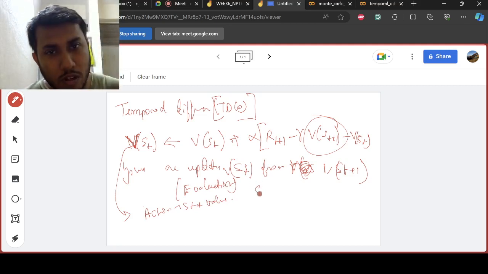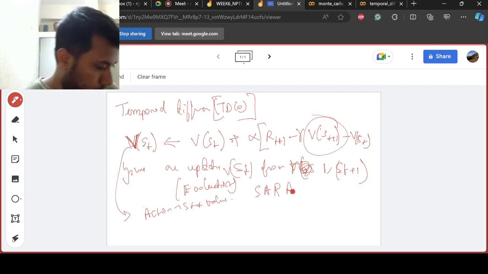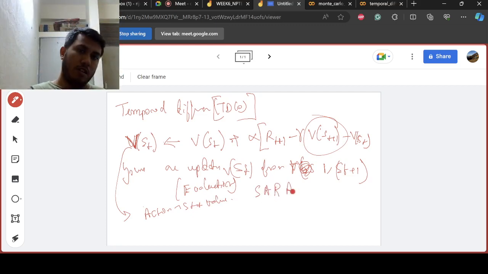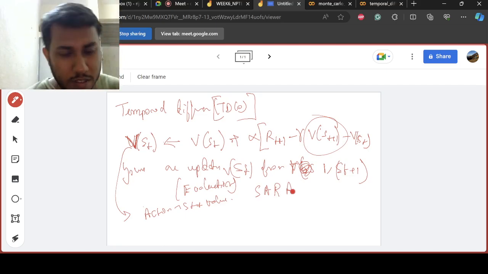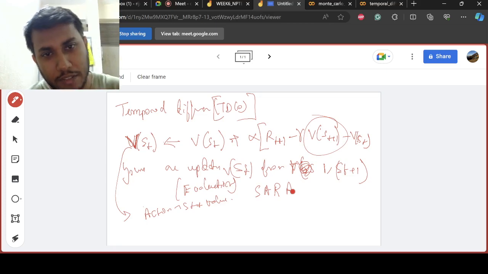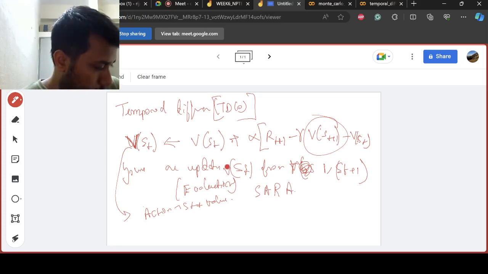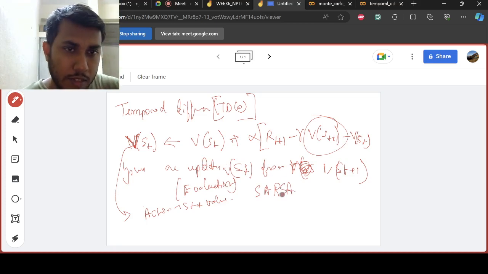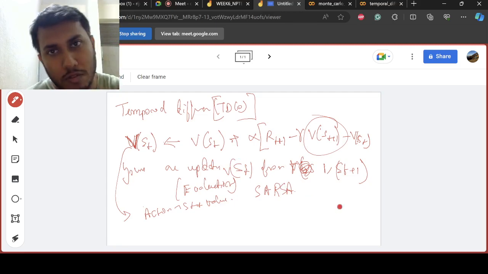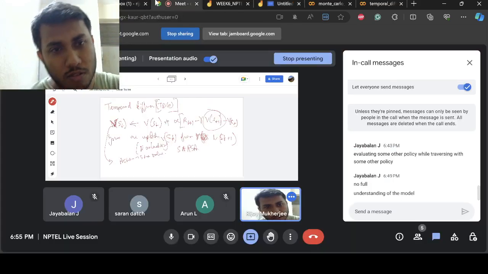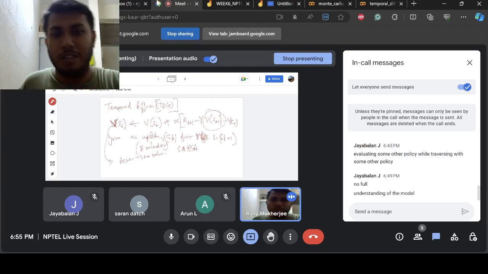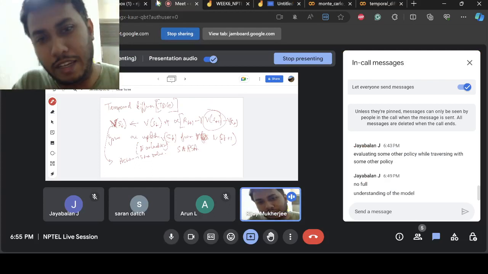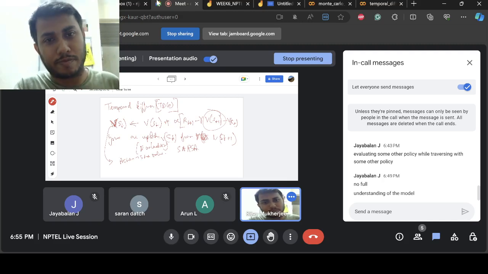And this algorithm is called SARSA: state, action, reward, state, action. Right. So what you do here is basically replace V of St with Q of S, A at t, and everything, nothing more.